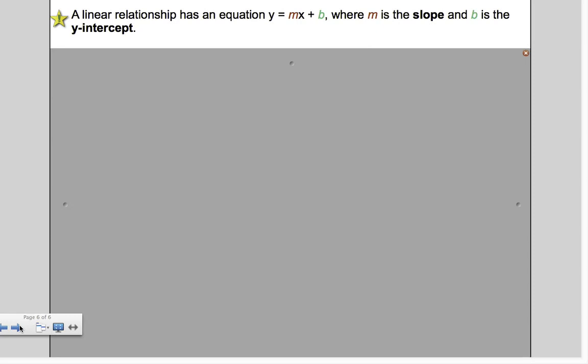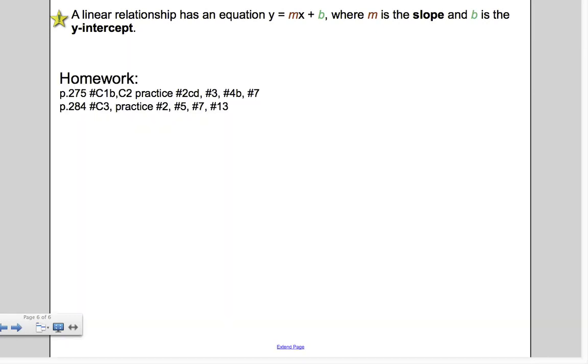Okay, so for the next class, I want you to think about why it makes sense that the value of b is the y-intercept in this equation. Why does that make sense? Okay, for homework, it's on Blackboard already.